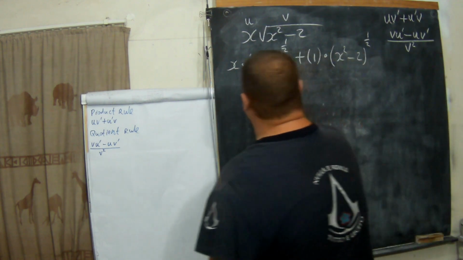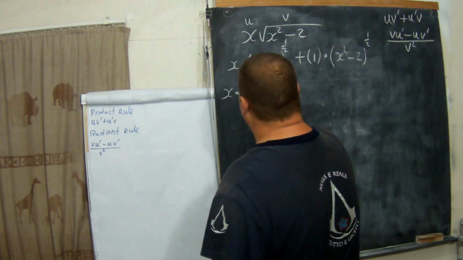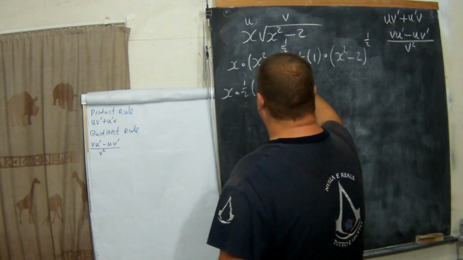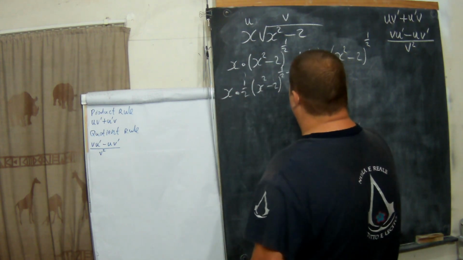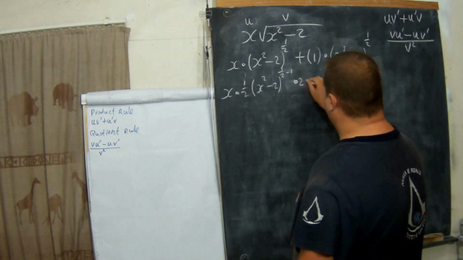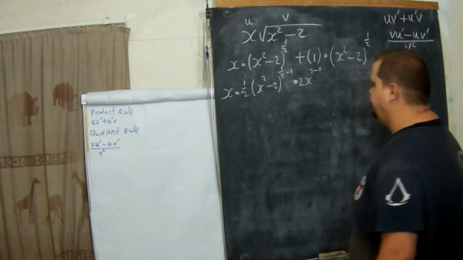So x multiplied by a half, x squared minus 2 to the power of a half minus 1, multiplied by, now this will be 2x, 2 minus 1.